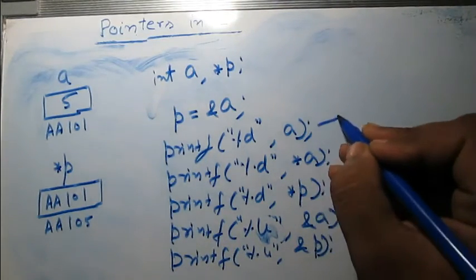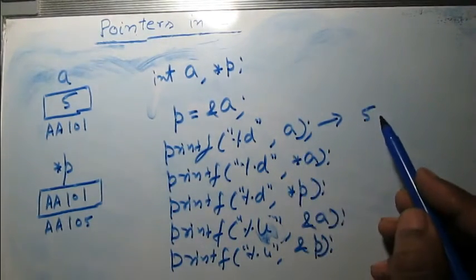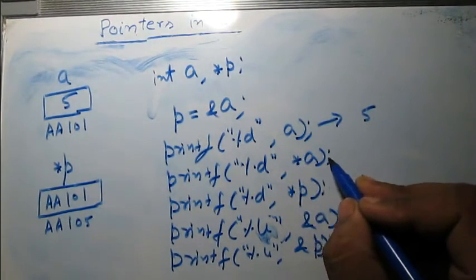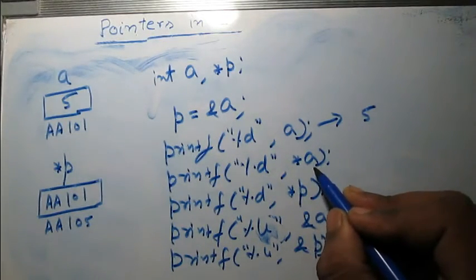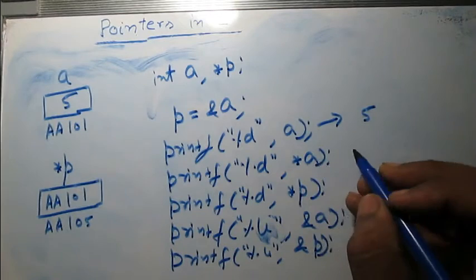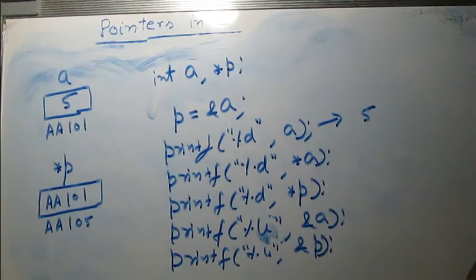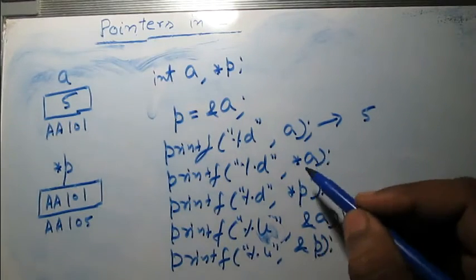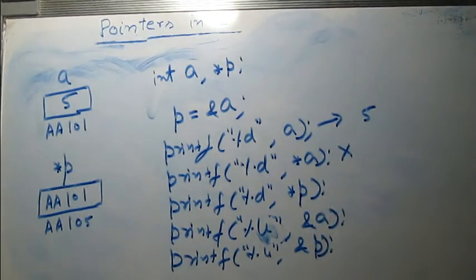So what will these statements print? Simply, you are printing the value of a, this will print 5. This statement is star a. Star a means go to the location which is being pointed to by a. Syntactically this statement is incorrect because a is not a pointer variable, and for a variable which is not a pointer you cannot place an asterisk before it. So this statement is incorrect. Printf %d star p. p is a pointer variable, okay, you can place an asterisk before this.